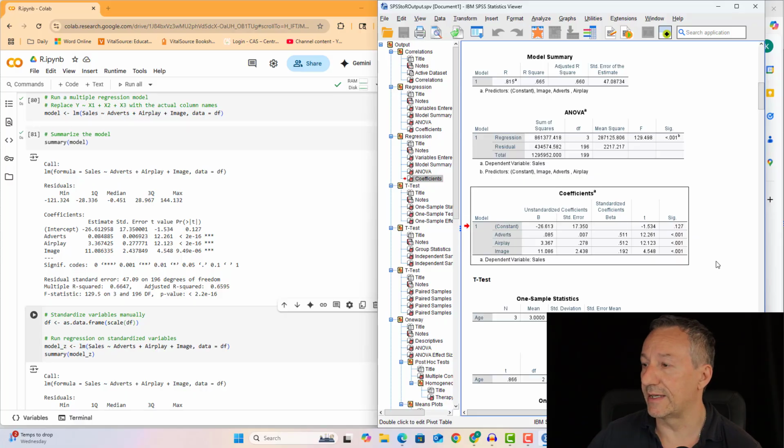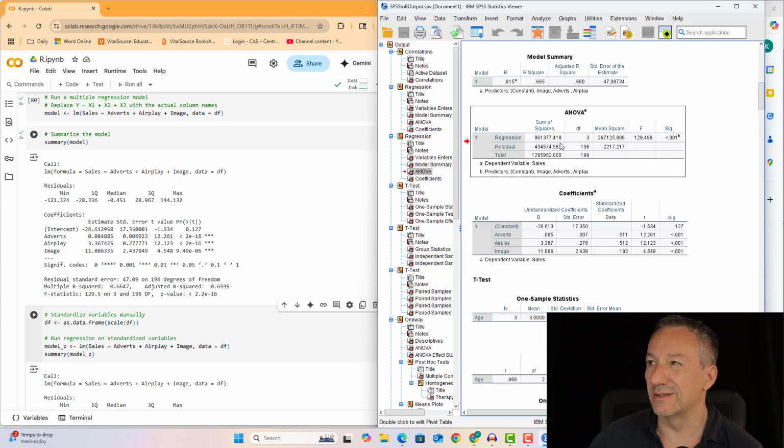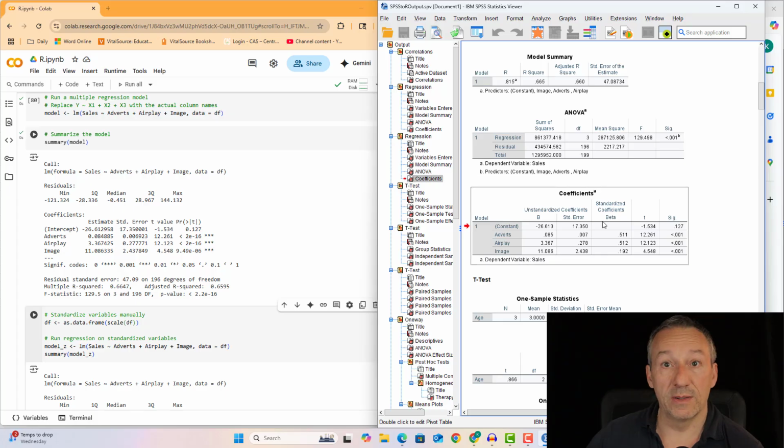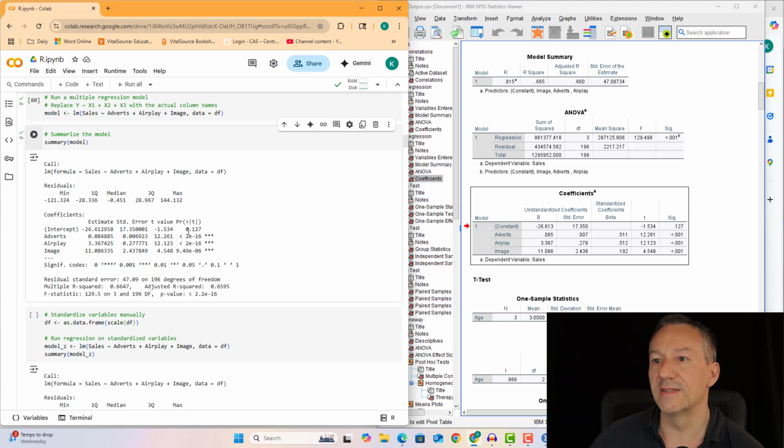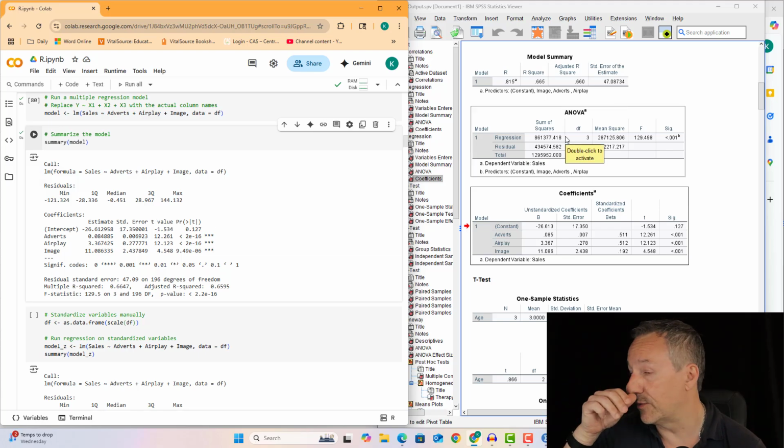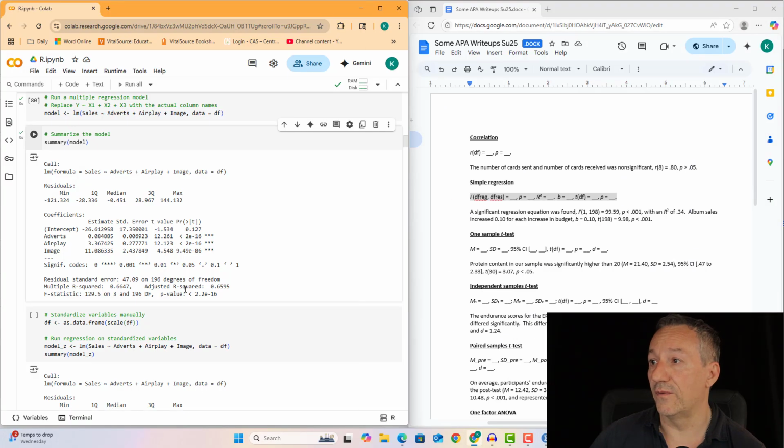I'll talk a little bit more about that in a second. All of this information is the exact same information that's here. Some people would call SPSS a little bit more user-friendly because it is point and click. This looks more like code than the prettier output you get from SPSS. In any case, our degrees of freedom right here, 3 and 196.